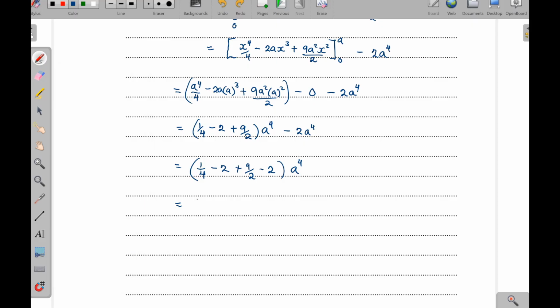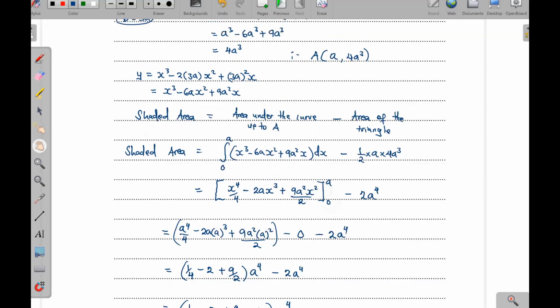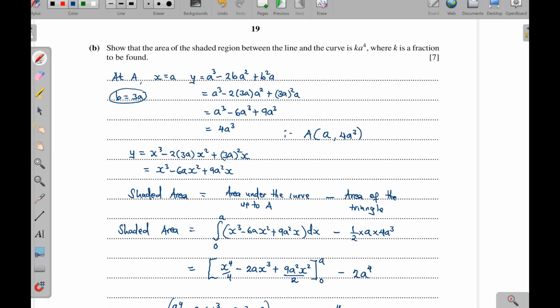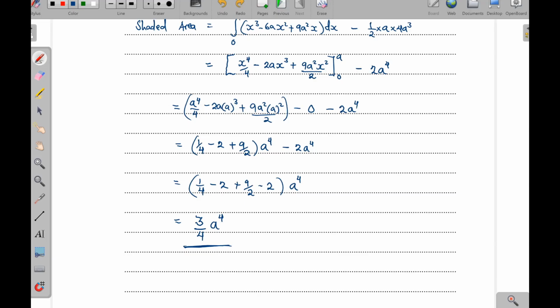We get 3 out of 4. So we have 3 out of 4 of a to the power of 4. That is our answer. And in fact, they said that it has to be this, where k is a fraction to be found. That means k is 3 out of 4.